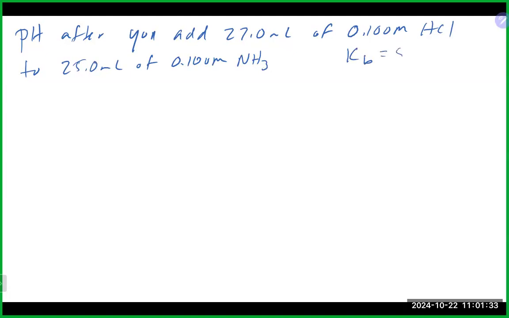Kb for ammonia, 5.6 times 10 to the minus 10. Go with that number.